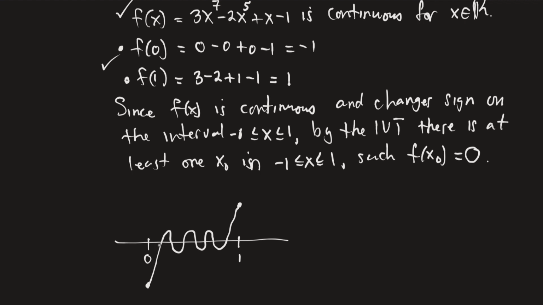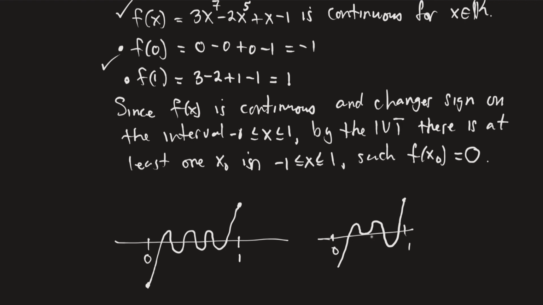but there has to be at least one point where the function crosses or touches the x-axis, because it could do something like this as well. Again, lots of strange things can happen with polynomials, but it could do this, then it could touch, and do other things like that, right?